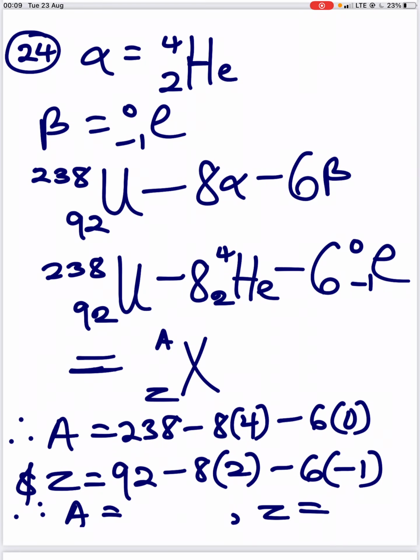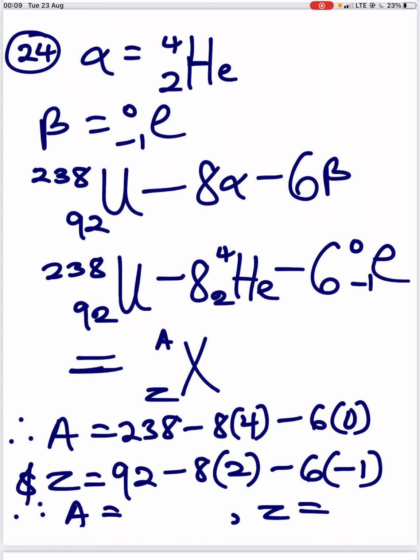That means the product that we get will be 238-92 minus 8 4-2He minus 6 0-minus 1e to give A-Z-X, meaning that the mass number and atomic number of our products will be A and Z respectively.